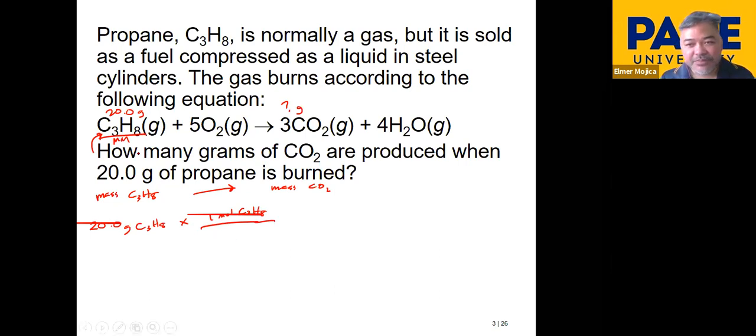By this time, you should be able to calculate the molar mass in your mind. So 3 times 12.01 plus 8 times 1.008. So that will give me around 44.0946.